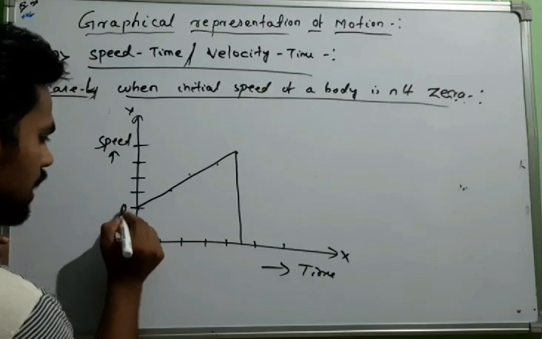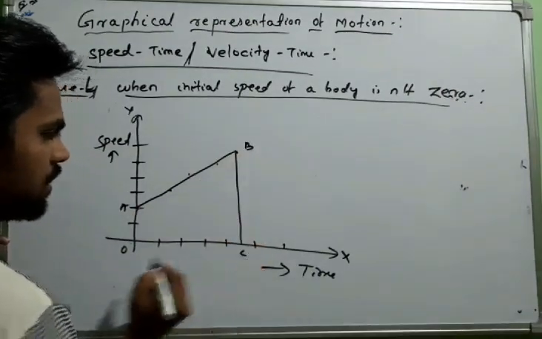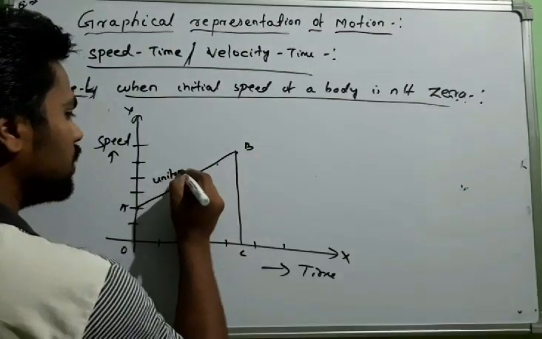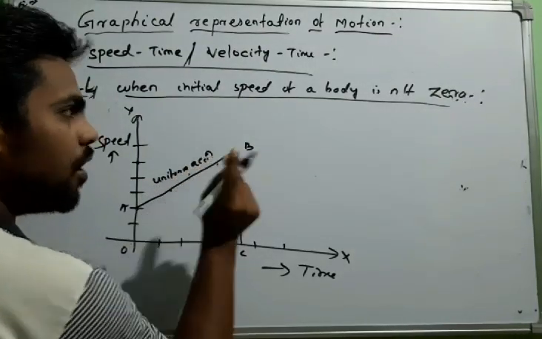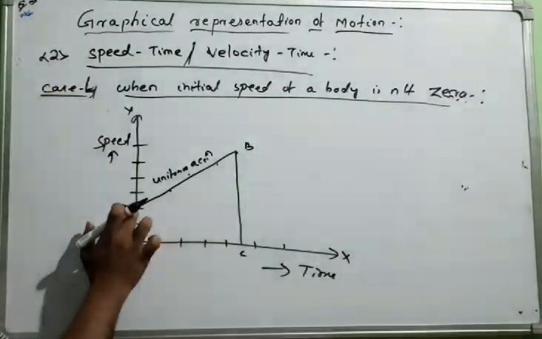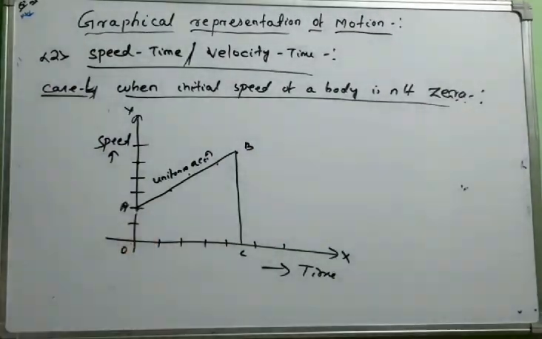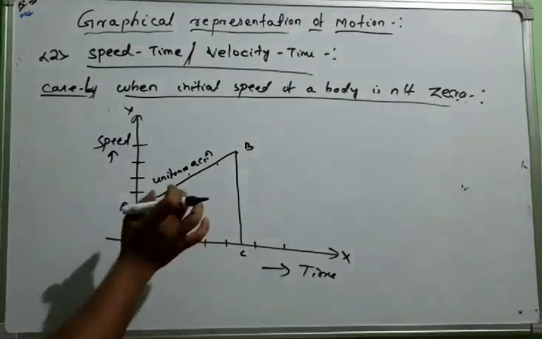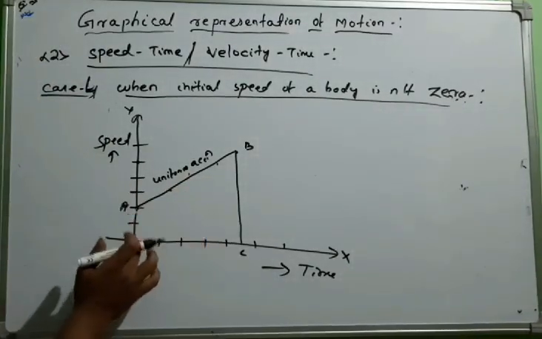This is O, this is A, this is B, this is C. The graph is looking like this. This is uniform acceleration, but the initial speed is not 0. Clear or not? So in this case, the graph is looking like a trapezium.